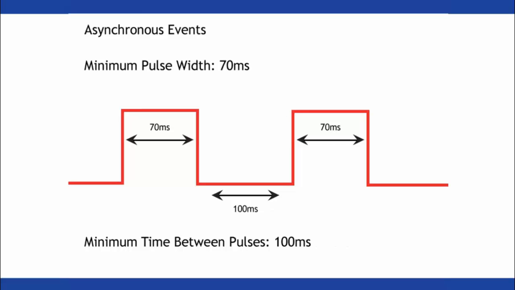If you're working with asynchronous, it's less obvious as to how quickly you can send those pulses. Through some testing and with standard machines, we've determined that if you leave the minimum pulse at 70 milliseconds with at least 100 milliseconds downtime between the pulses, then you're giving BioLab enough time to recognize that a state has changed at the digital port and identify that event.